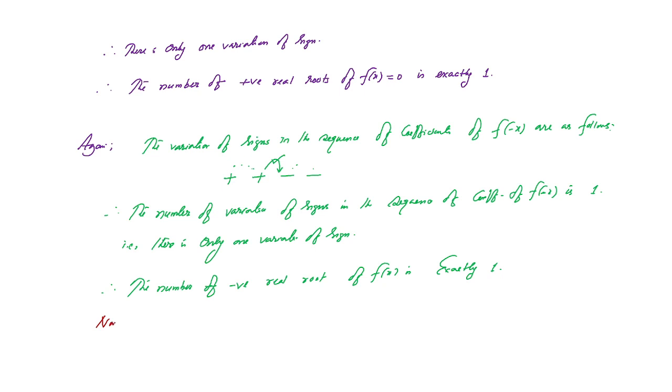What is f of 0? f of 0 will be minus 1, and this is non-zero. And that implies f(x) equals to 0 has no 0 as a root.